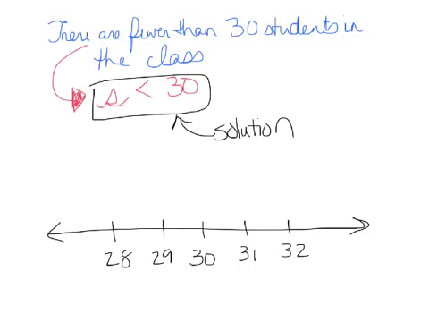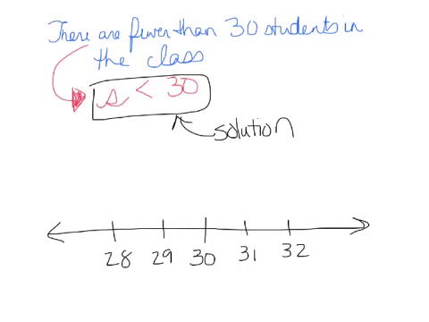Normally, if something equals 30, I am going to put a circle and I would fill it in. Since I want to know what's less than 30, I'm going to take that same idea of the 30. But what types of numbers would be included?